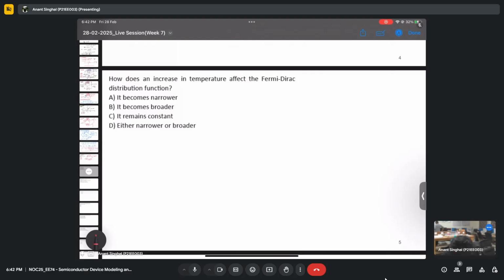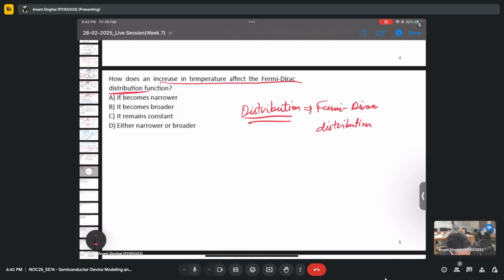Now, how does the increase in temperature affect the Fermi-Dirac distribution? The main important topic for this lecture, or the first topic, was distribution. We know that the electron follows the Fermi-Dirac distribution. Now it asks what the effect of temperature is. If you increase the temperature, what will happen to the distribution function? We have also covered a derivation in the classes, if you have attended all the classes.